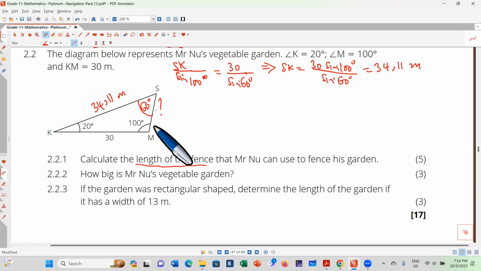Now we want to find SM also, so that we add them up. So if we want to find SM, we put it at the top, then we divide by the sine of the angle opposite, which is 20, is equal to 30 over the sine of 60 degrees.